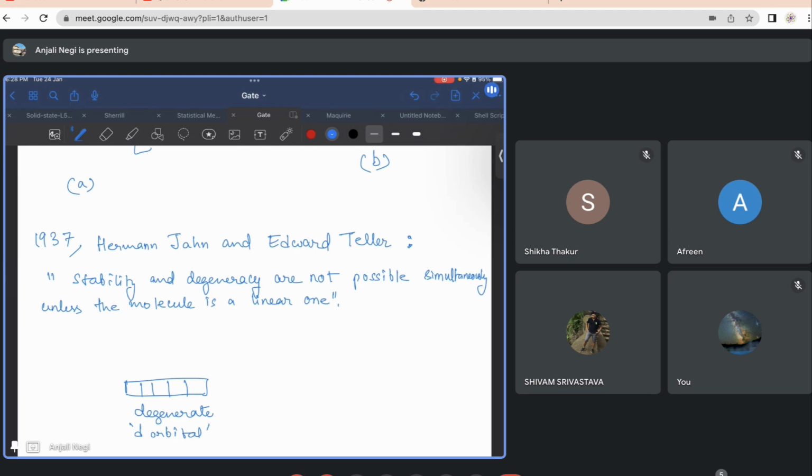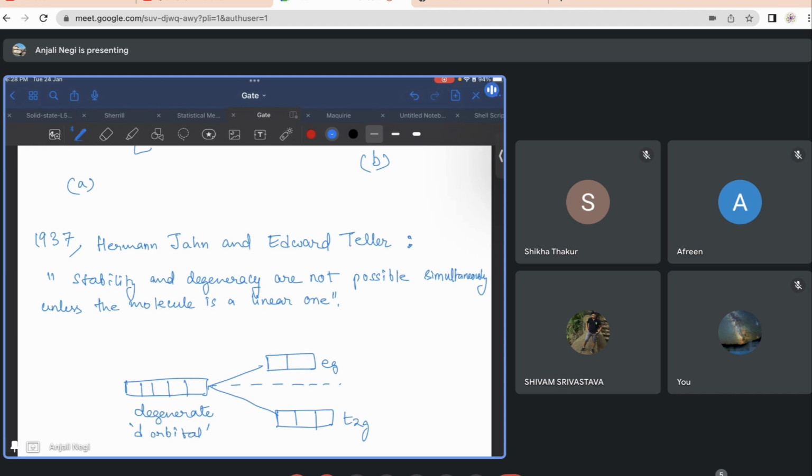Now this degenerate d orbital will split into two different energy states. So this will be Eg and this will be T2g in the case of octahedral field.